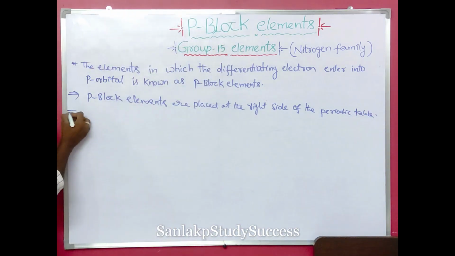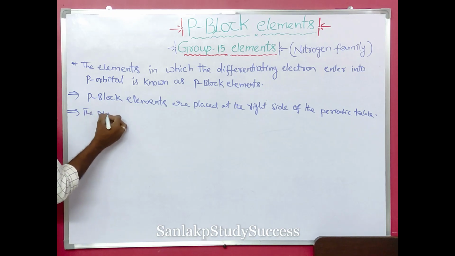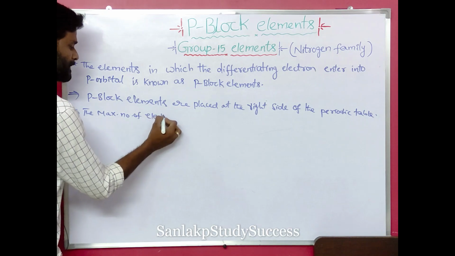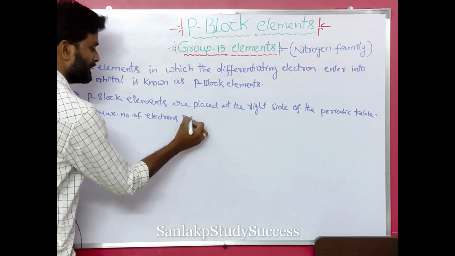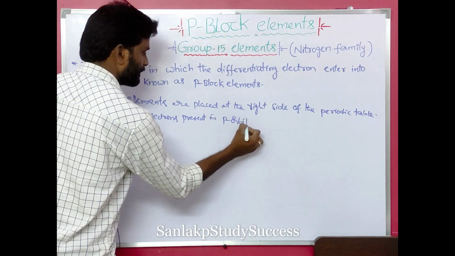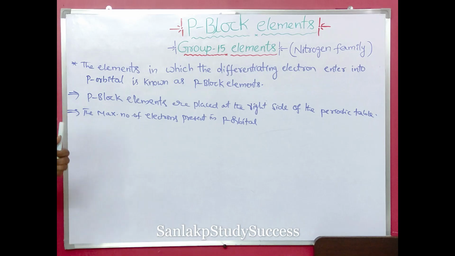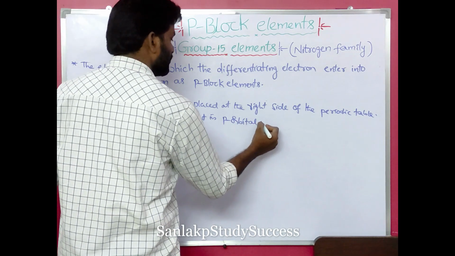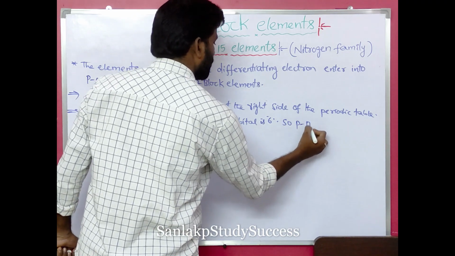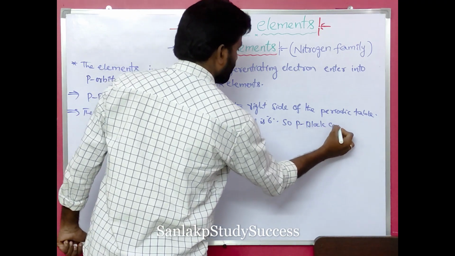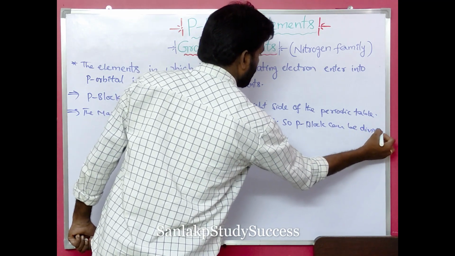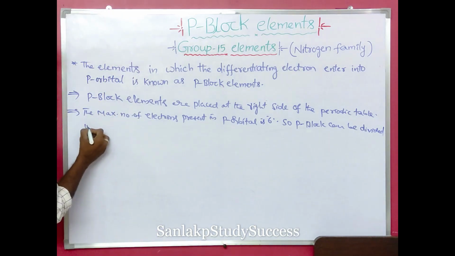The maximum number of electrons present in a p orbital is 6. So P block can be divided into 6 groups.